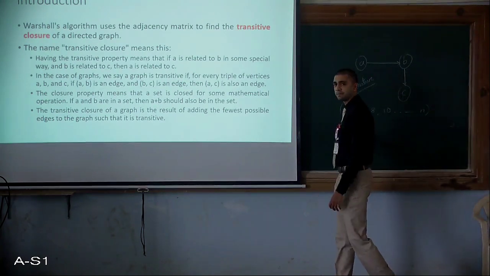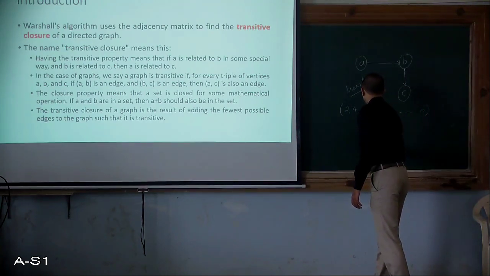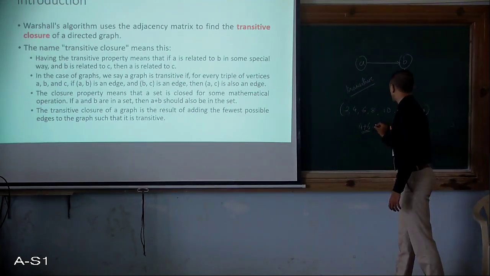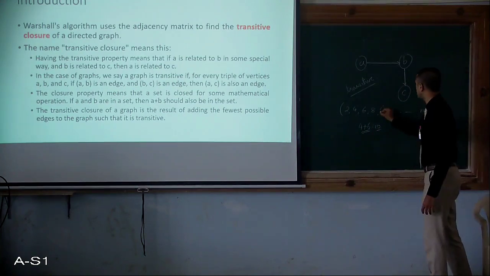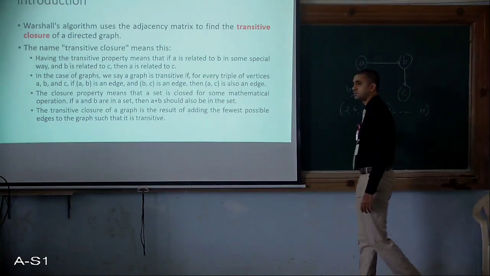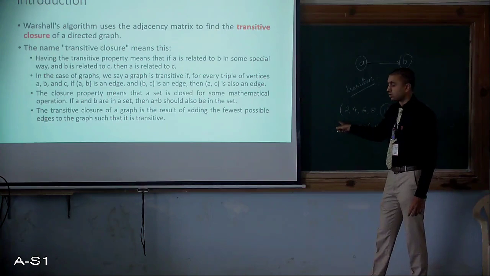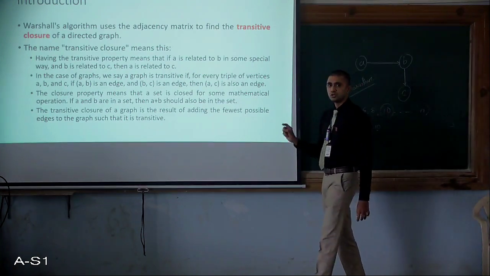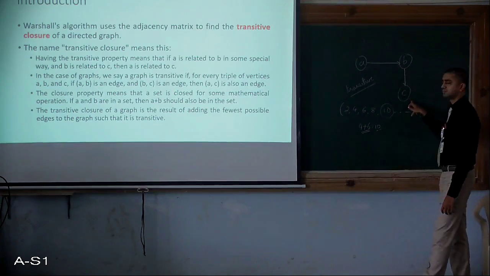So if I say A plus B, if I say 4 plus 6, what is 4 plus 6? It is equal to 10. So this 10 also should belong to this particular set. Yes, 10 belongs to this set, which means that this set is closed, or this set satisfies the closure property.